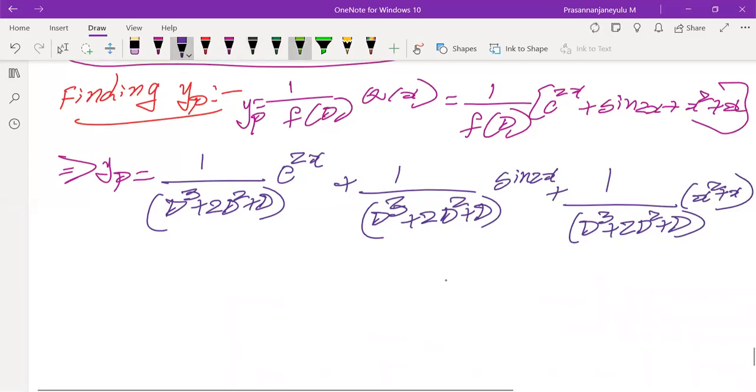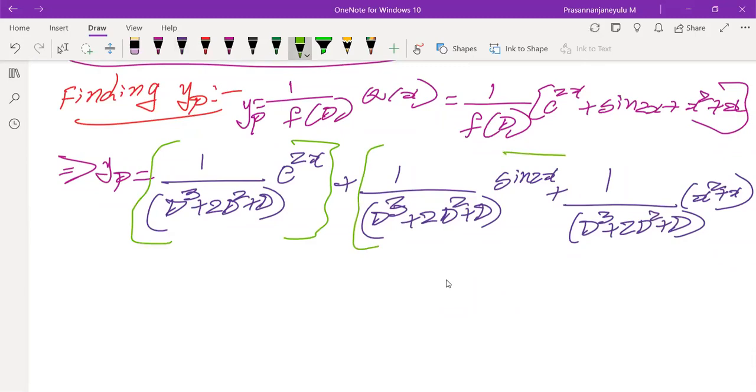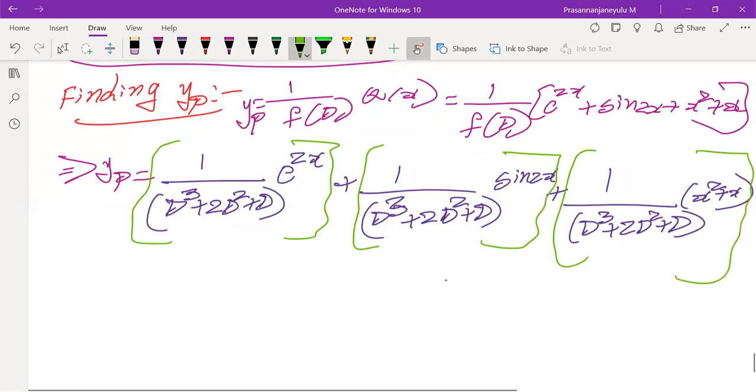Now if we observe, there are 3 terms. What do we have to apply in the first term? Type 1. In the second term? Type 2. In the third term? Type 3. Because Q of x equals e power 2x in the first term, Q of x equals sine 2x in the second term, and Q of x equals x square plus x in the third term.